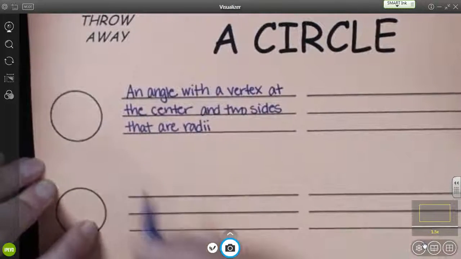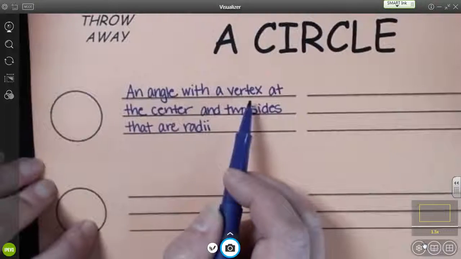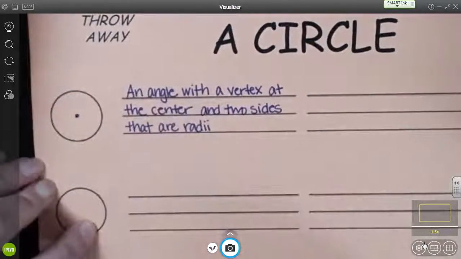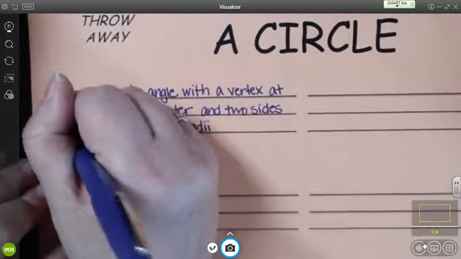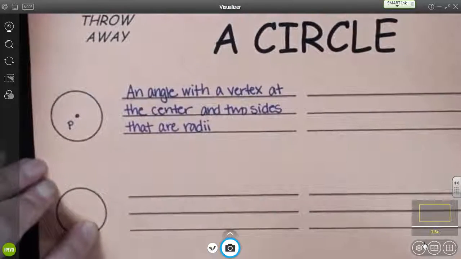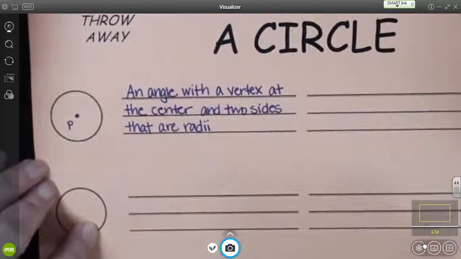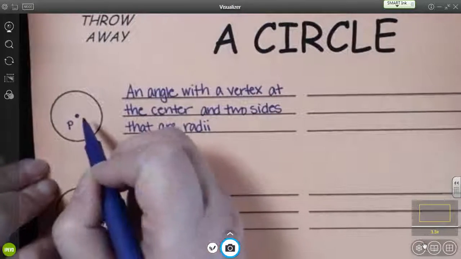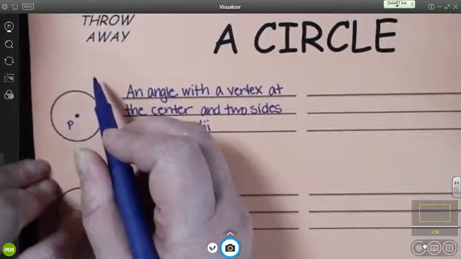Okay, so let's go ahead and draw a picture of this. It's an angle with a vertex at the center. So we have the center of our circle. We'll just call it circle P. And then the two sides are radii. And remember, a radius is a segment that goes from the center of the circle to a point on the circle.